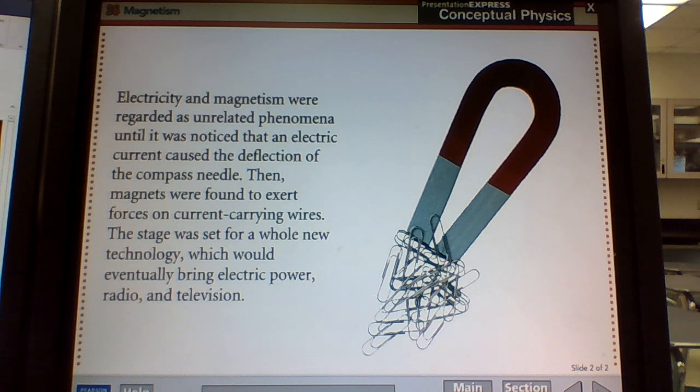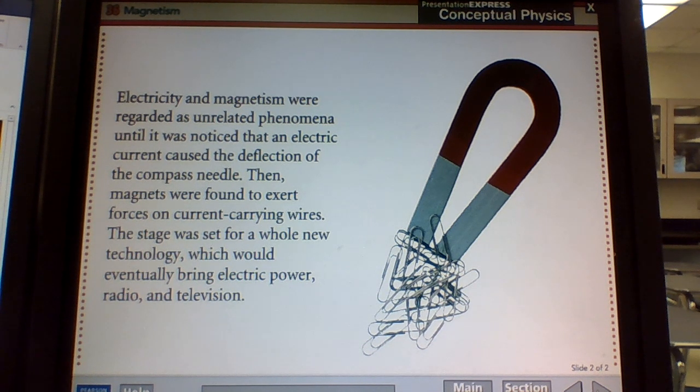So electricity and magnetism were long thought to be completely unrelated phenomena. Then just by accident, a couple of scientists, I can't remember who they were, brought a magnet close to a current carrying wire. And what they saw was a deflection.